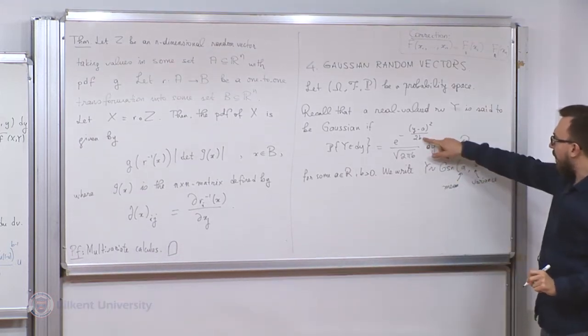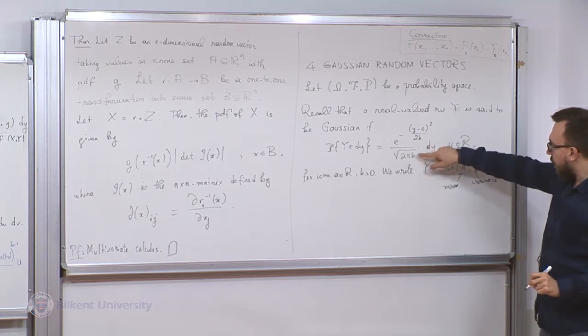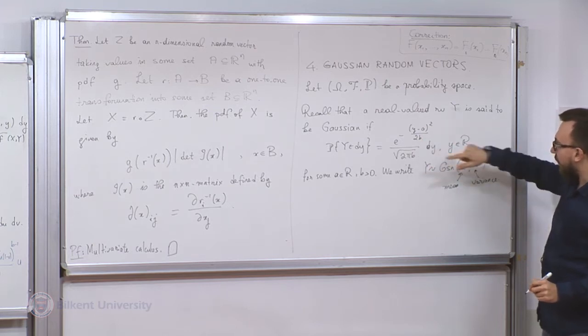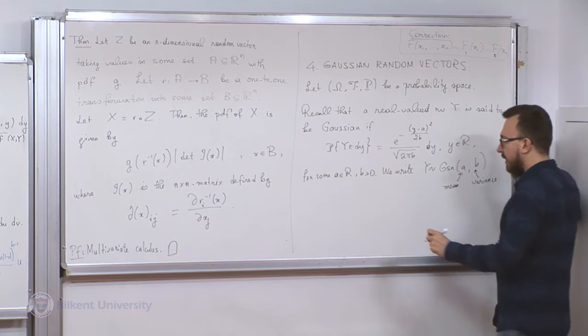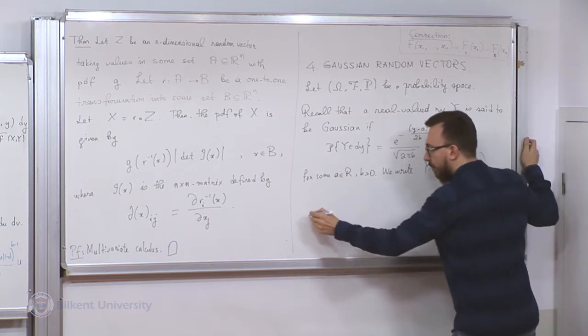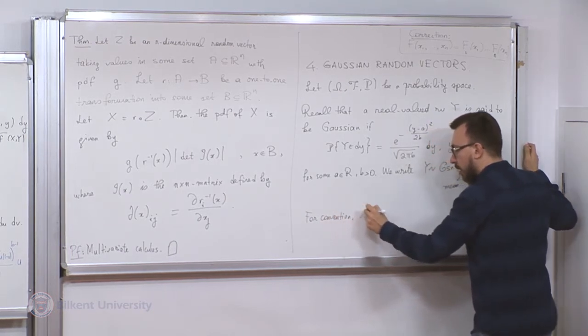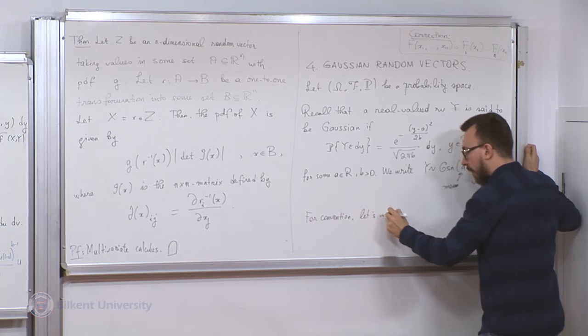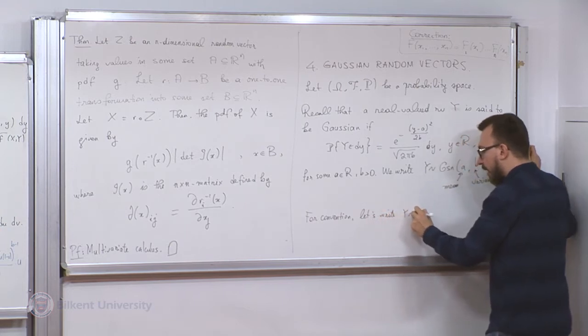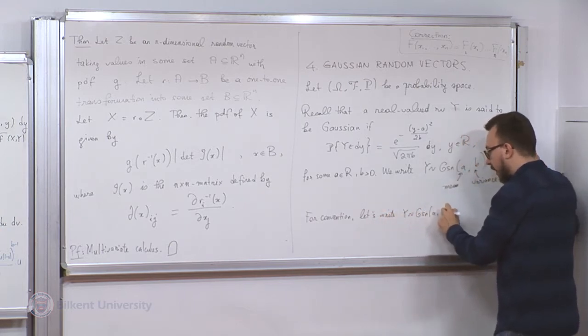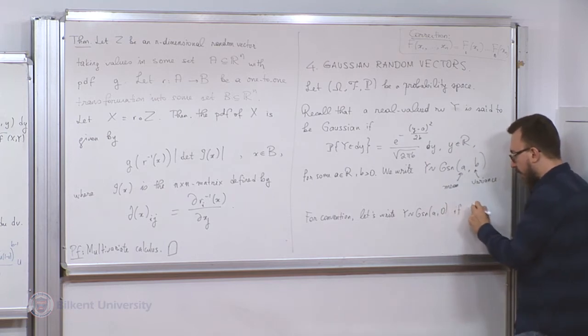Of course, we have division by b here, which is not well defined when b is 0, but as a trivial extension, just for convention, let's write that Y is Gaussian with mean a and variance 0 if Y is equal to a with probability 1.